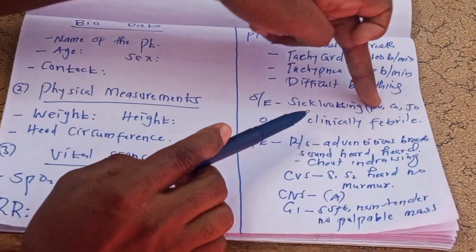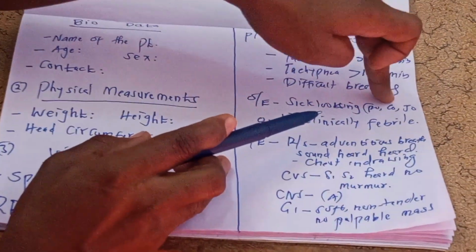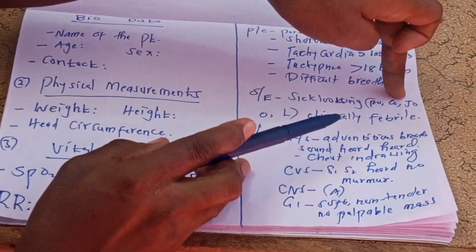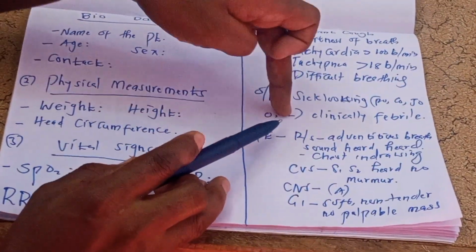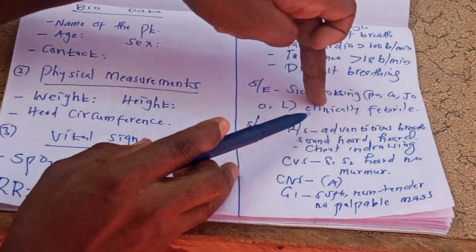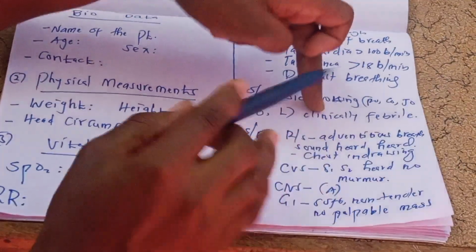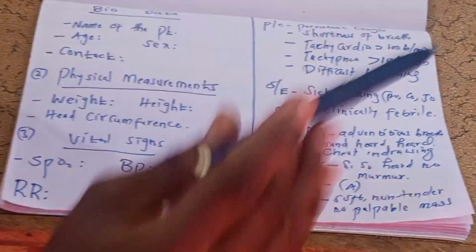PO means pallor, you have to examine if there is pallor. CO means cyanosis, bluish skin color due to decreased hemoglobin level, jaundice, edema, or lymphadenopathy, presence of infection, syphilis, and tuberculosis. Clinically febrile, that is the patient has a fever.